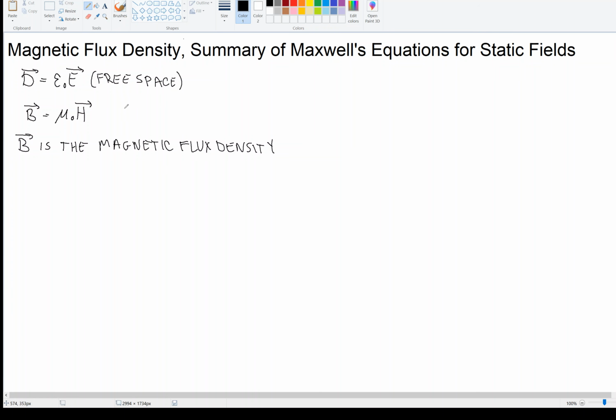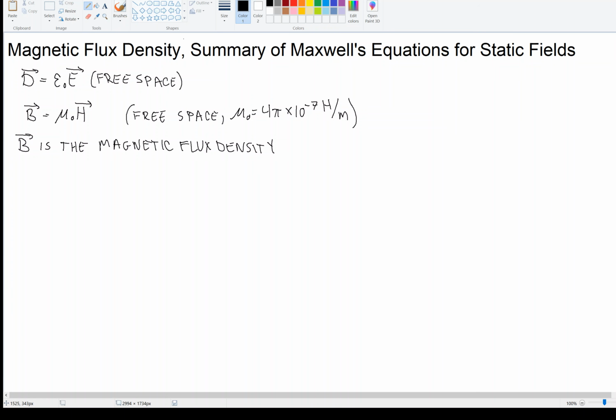In free space, this mu 0 is 4 pi times 10 to the minus 7 henries per meter. So you can compare that with epsilon 0, which was for the electric field, which is farads per meter. Now Henry was the unit for inductance.